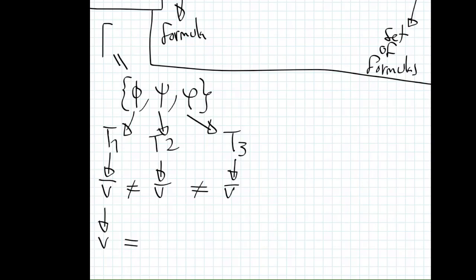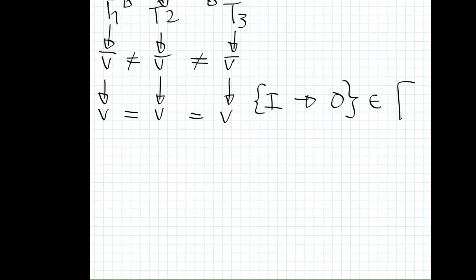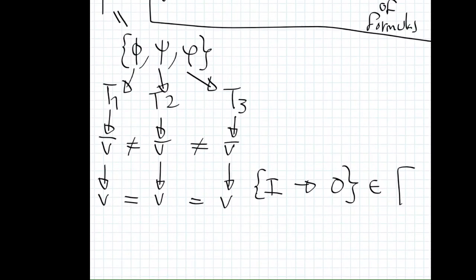So the valoration for each and every formula within this set of formulas has exactly the same output for any given input. For any set of formulas, it will be the same.